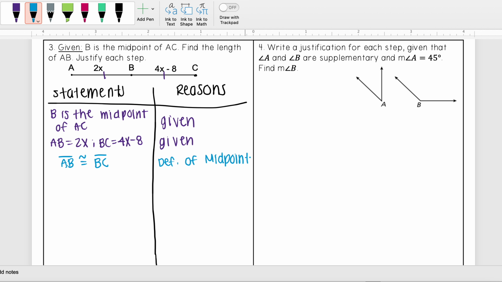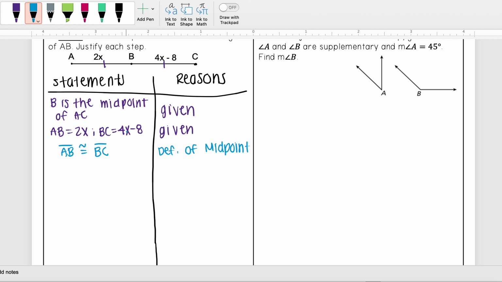Now from here, it's really tempting to go ahead and say, okay, 2x is equal to 4x minus 8. However, we have this congruency symbol here. So really my next step is to say, well, since these two segments are congruent, that means that they're actually equal to one another. And I can say that from definition of congruence.